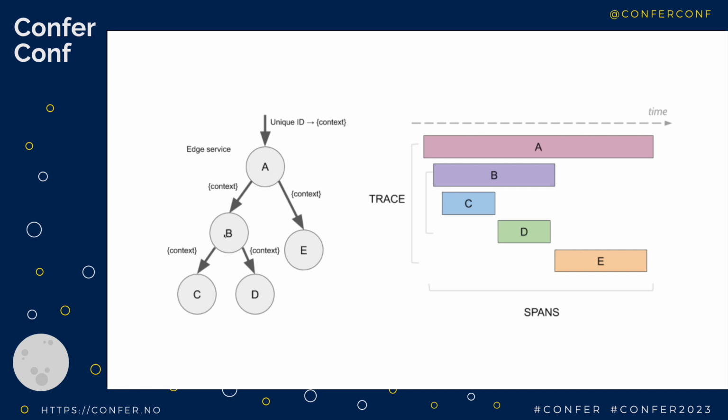By propagating the context, we can see the story of our request. We can have a Gantt chart where we can represent how much time that request took in our system, the dependencies that microservice A has on B and E, and even how B depends on C and D for this request.